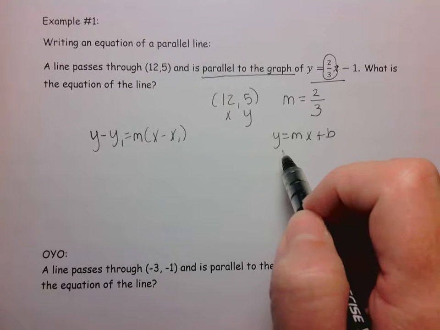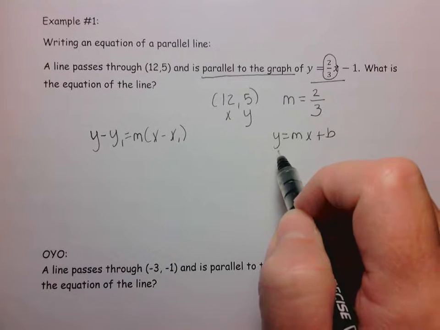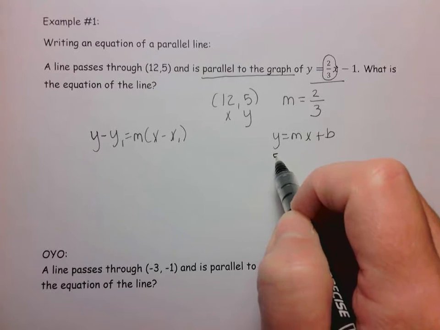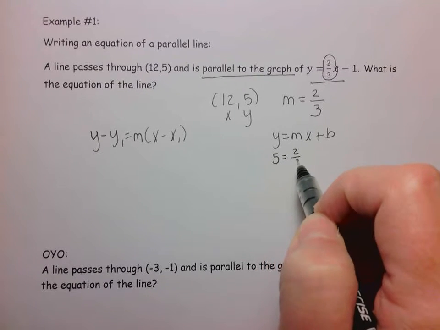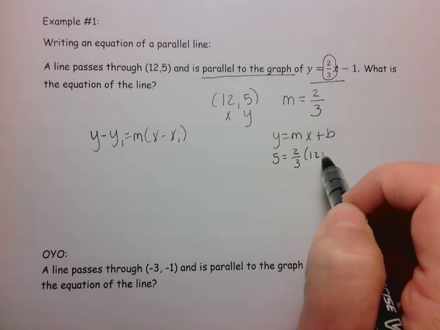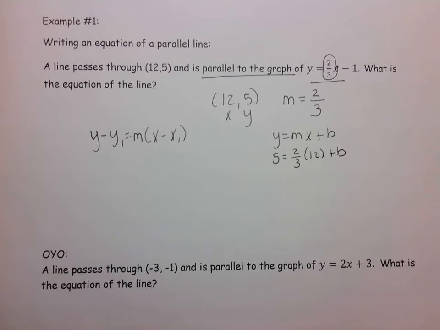So what am I going to do? I'm going to plug in my xy coordinate, and I'm going to plug in my slope, and I'm going to solve for b.